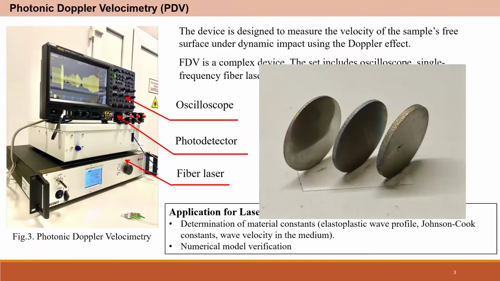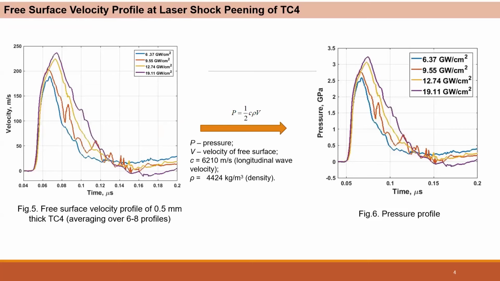For these measurements, we use several specimens with different thickness. The diameter of this specimen is 20 millimeters, the smallest thickness is half a millimeter, and the maximum thickness is 1.4 millimeters. We measure the velocity of this surface. This is a picture.